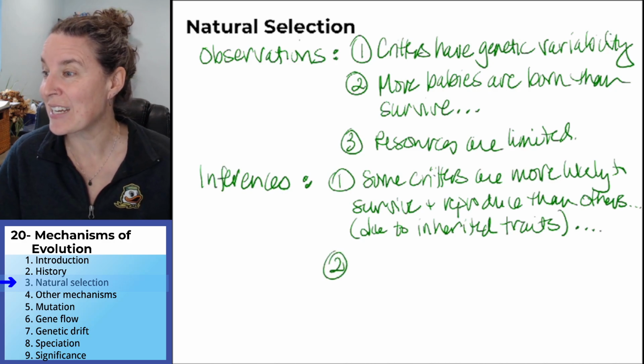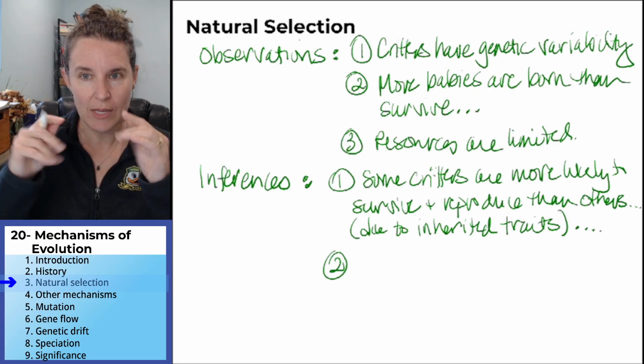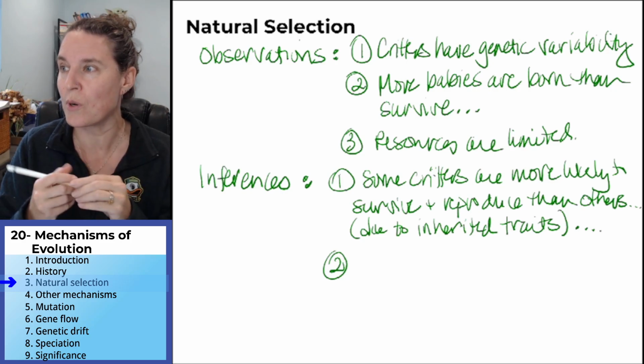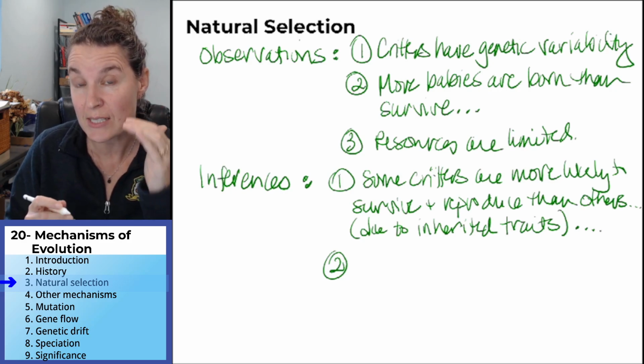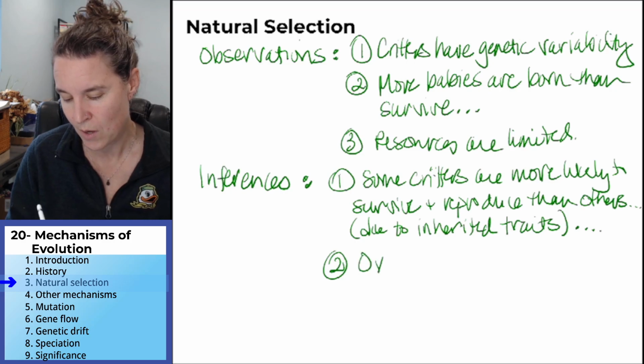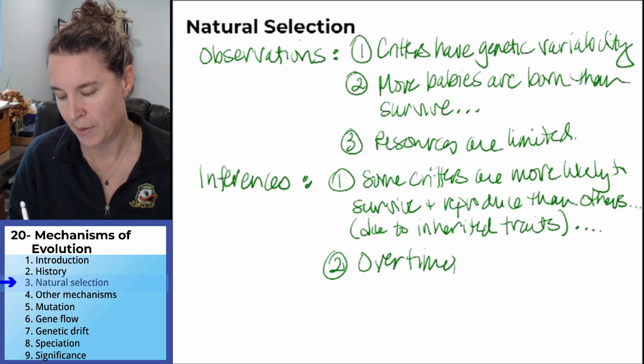And his second inference, if all of these things are true: over time, the characteristics in a population can change.